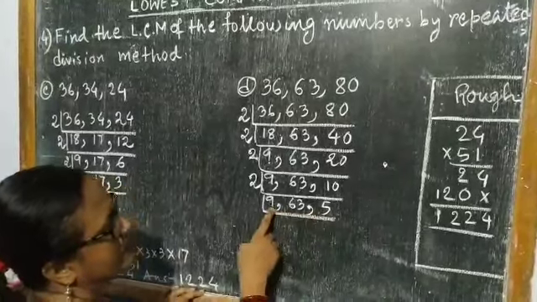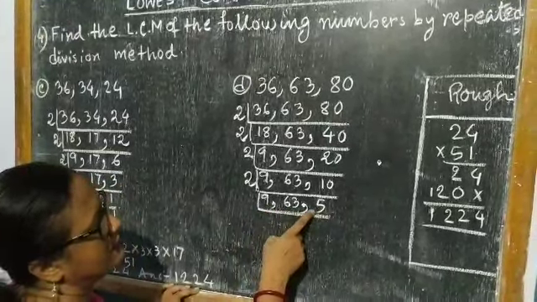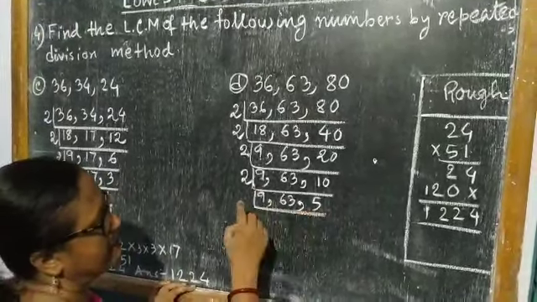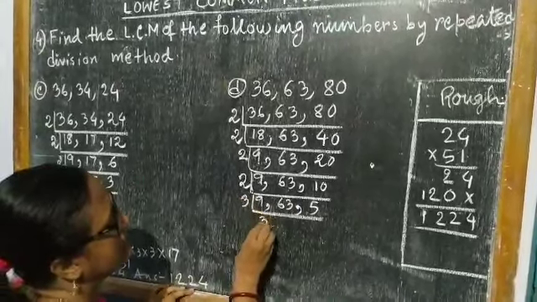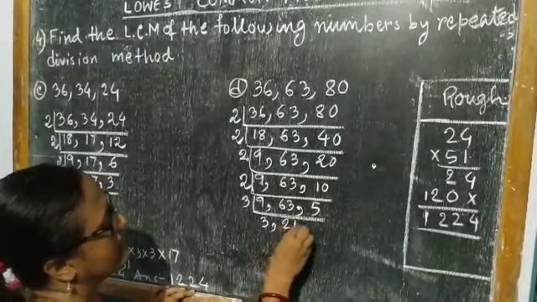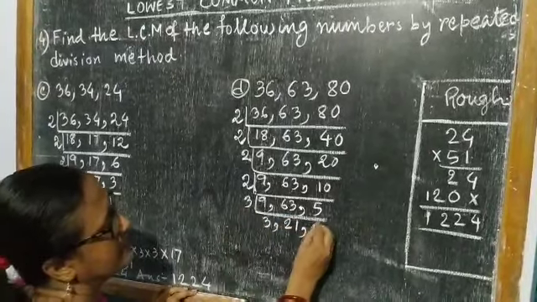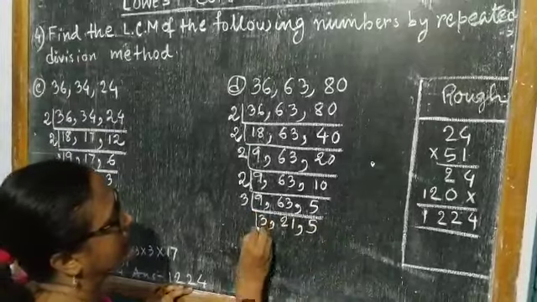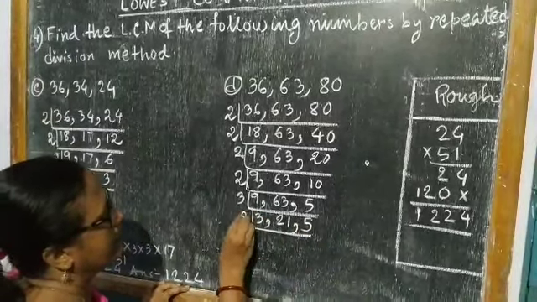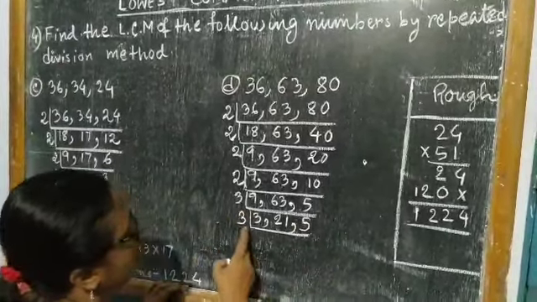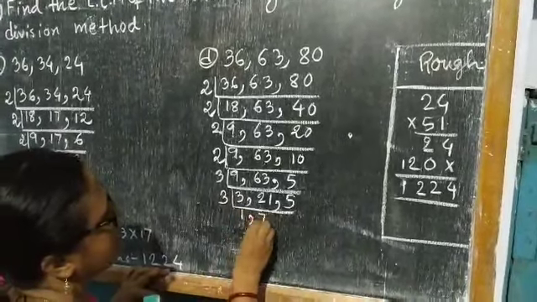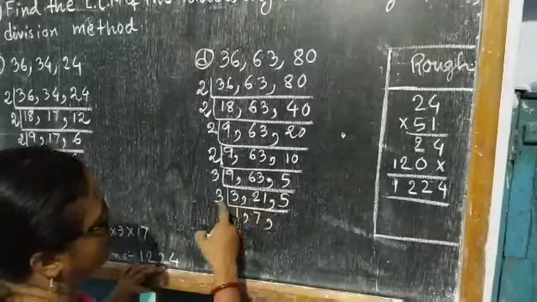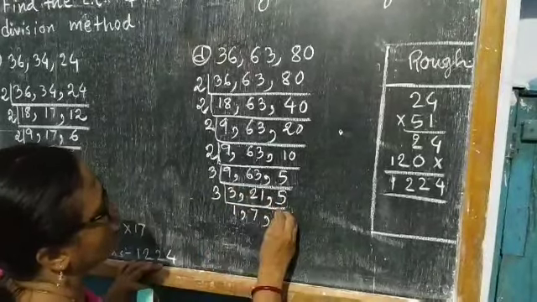Now see, children, none of them are divisible by 2, so you try with the next prime number, 3. Yes, 9 divided by 3 is 3. 63 divided by 3 is 21. And 5 is not divisible by 3, so copy it down without dividing. Next, again divide them by 3. 3 divided by 3 is 1. 21 divided by 3 is 7. And 5 is not divisible by 3, so copy it down.